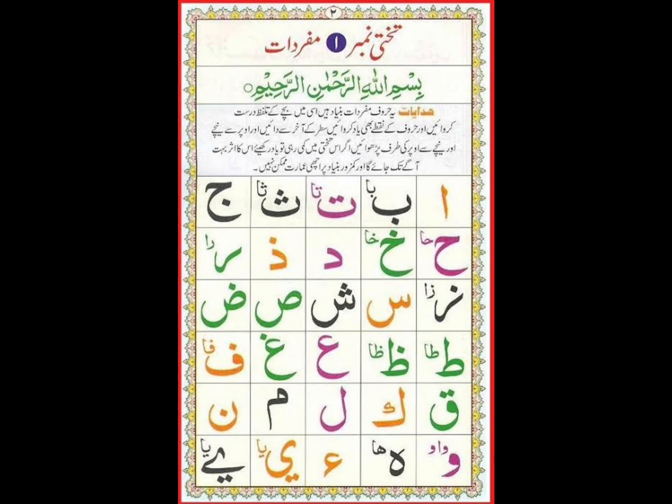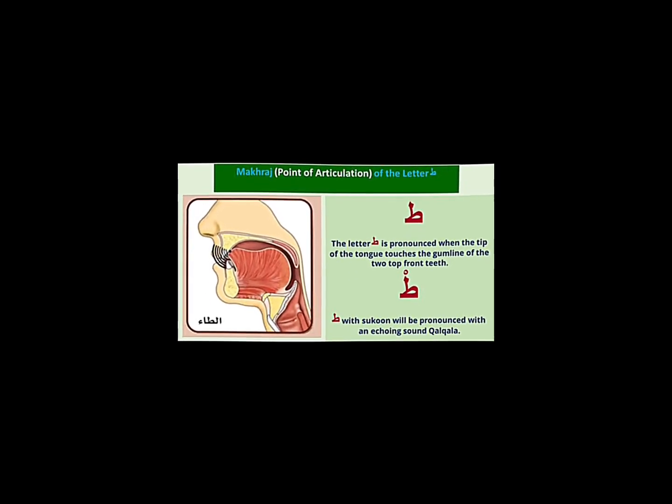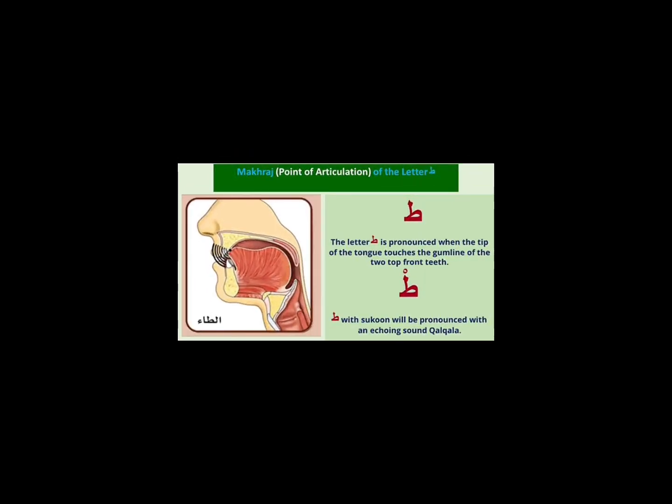Pronounced Ta. Start using tip of tongue, touching gums of front two teeth. Read again with me. Start using tip of tongue, touching gums of front two teeth.